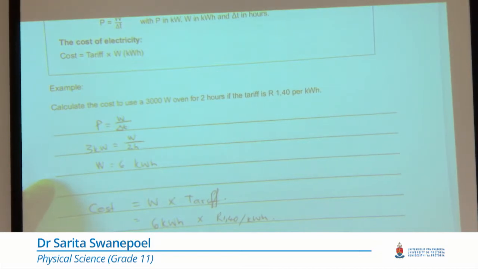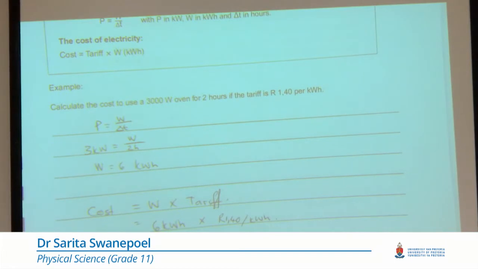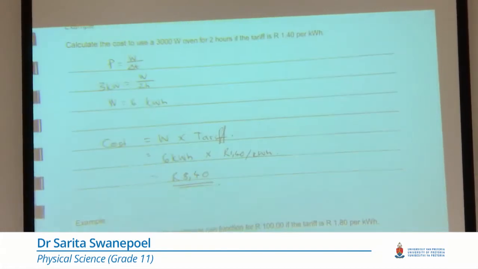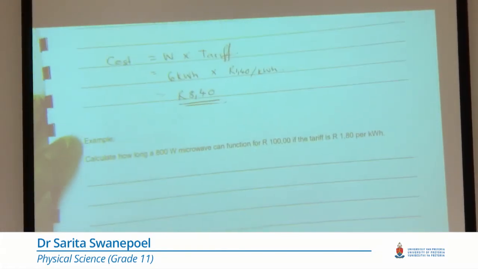Right. Not too expensive, right? But if you add that up, all the appliances in your home, right? All the days of the month, then that is where Eskom get that power use from. Right, there's another example just there to practice on.